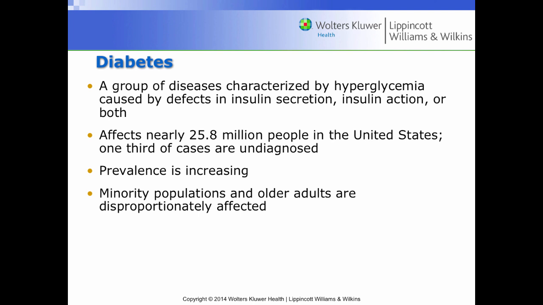So there's a huge undiagnosed population and an even larger diagnosed population. Unfortunately, the prevalence and occurrence of diabetes mellitus is increasing, and there's a real health disparities gap in terms of diabetes mellitus. Minority populations and older adults are disproportionately affected.